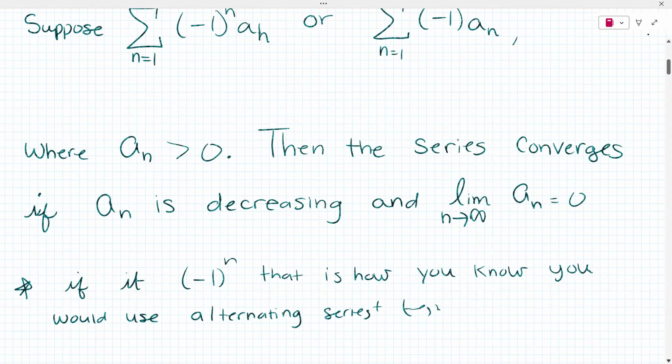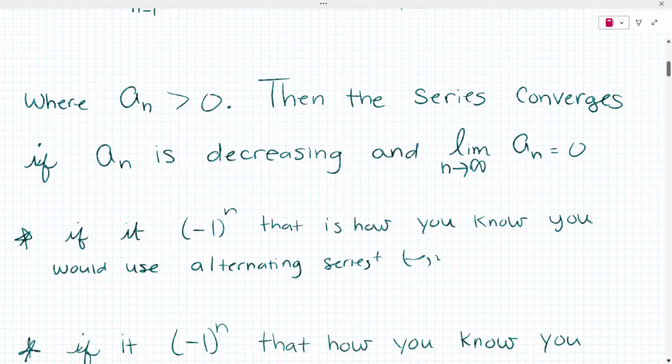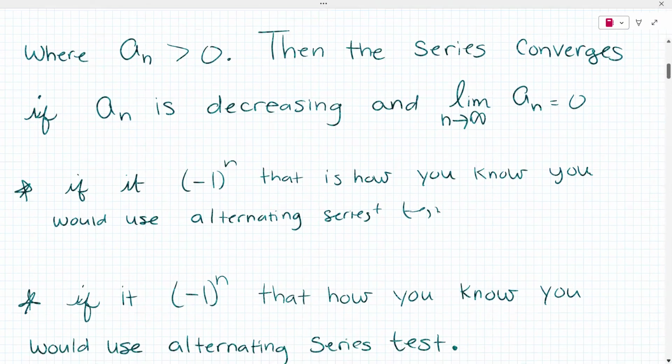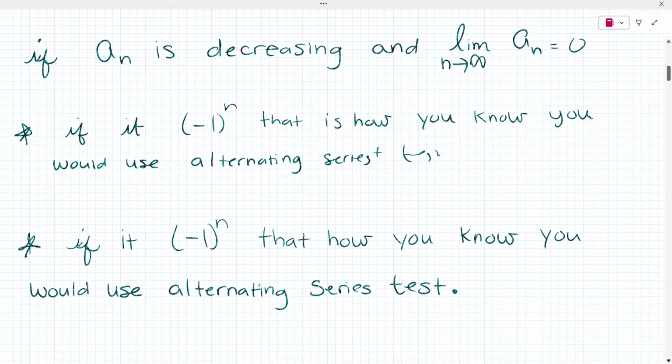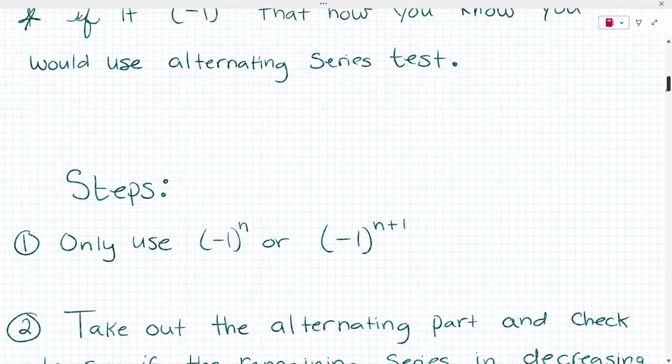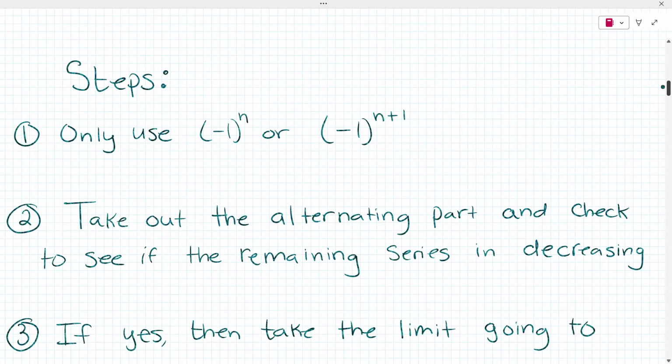So let's go over the three steps of doing alternating series tests. Step one, decide if you can actually use the alternating series test. If it's (-1) raised to the n or (-1) raised to the n plus 1, you can use it. Step two, take out the alternating part and check to see if the remaining series is decreasing.